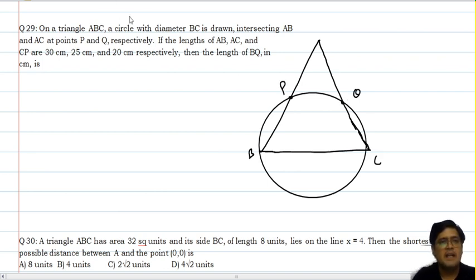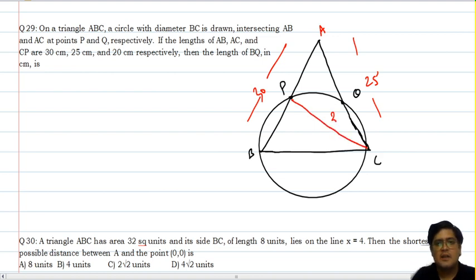Now some hints are given as to these values. We have AB as 30. We have AC as 25 and CP, guys, CP is given to us as 20. Now the property that I can think of here is again the length of BQ is required.